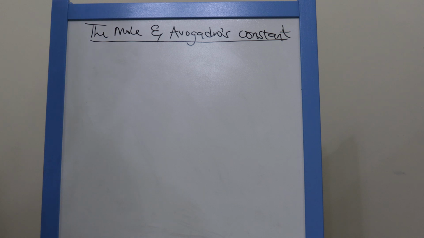So, in other words, when you have 12 grams of carbon 12, it is equal to 1 mole. The particles, which are elementary units or particulate entities of matter, can be atoms, molecules, ions, formula units, or electrons.